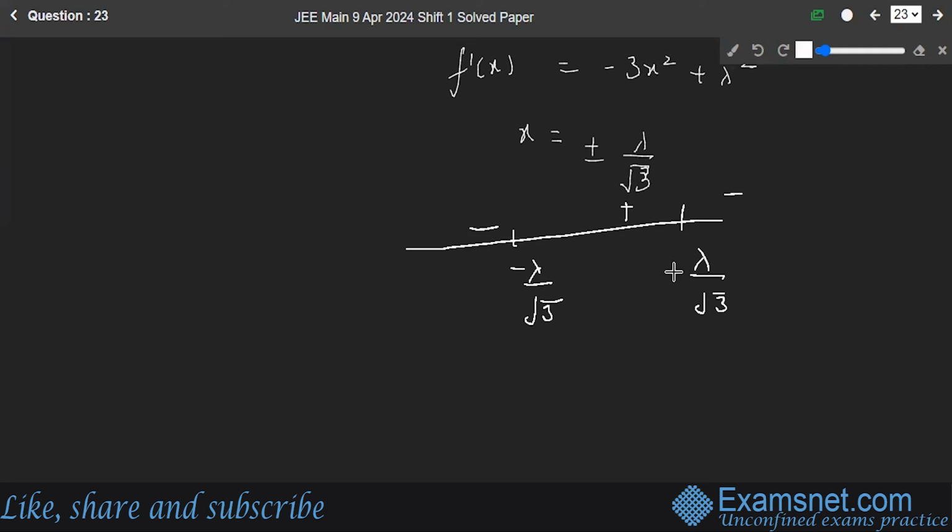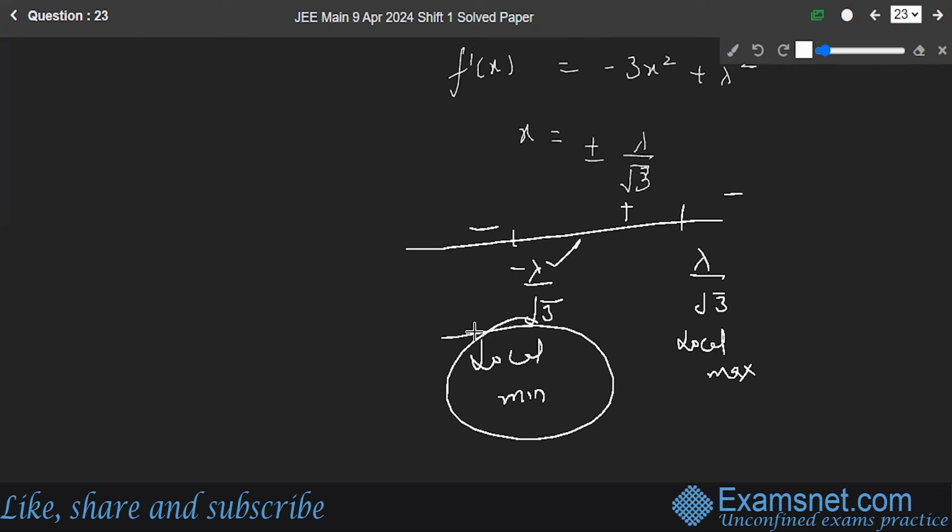So this is local minimum and local maximum. We want the local minimum, so I'll be taking x as −λ/√3.